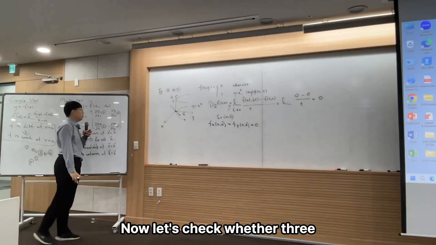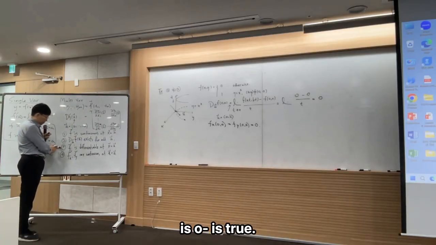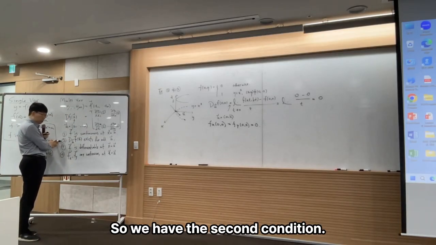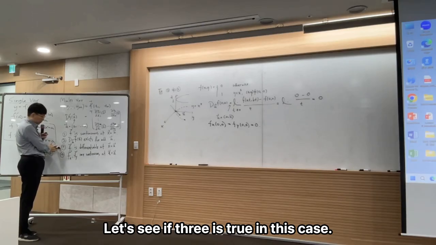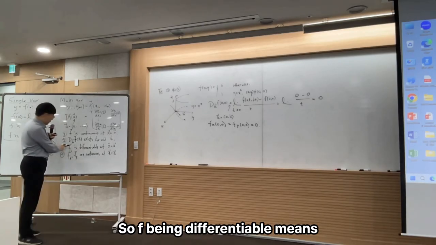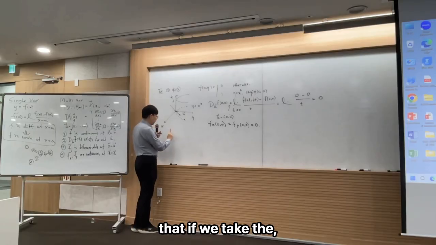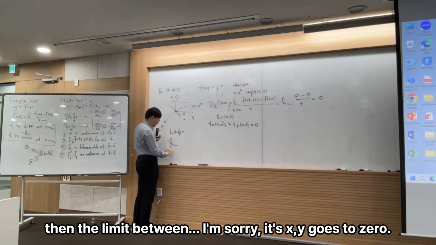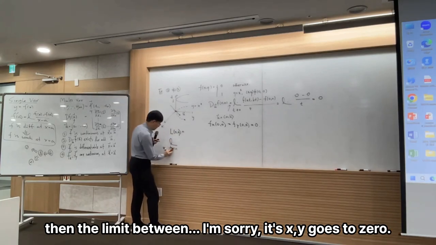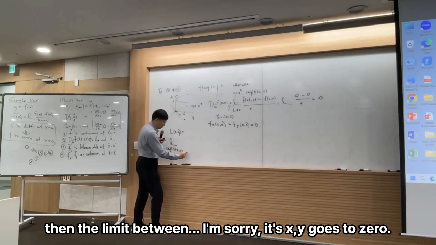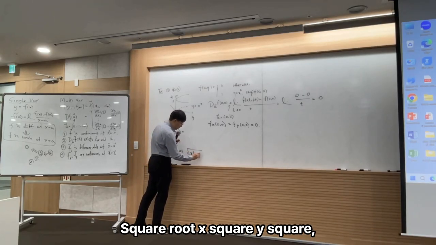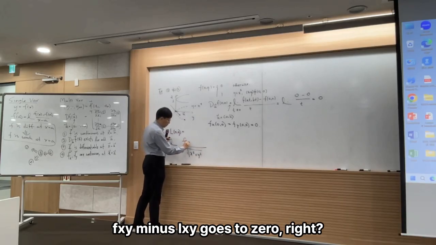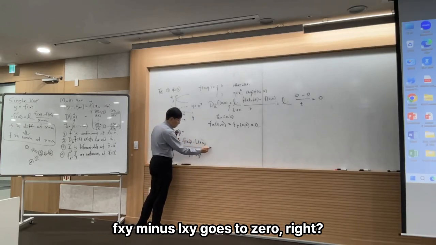Now, let's check whether 3 is true. So we have the second condition. Let's see if 3 is true in this case. f being differentiable means that if we take the linear approximation of the function at that point (0,0), then the limit as (x,y) goes to 0 of (f(x,y) minus L(x,y)) over the square root of x squared plus y squared goes to 0, right?